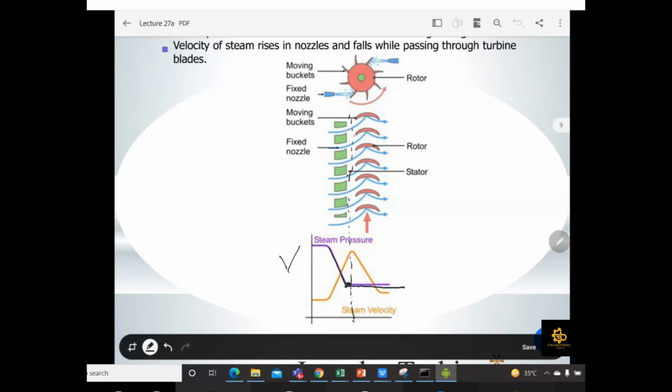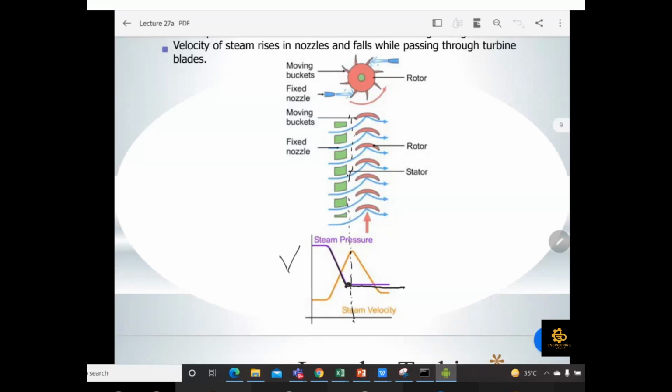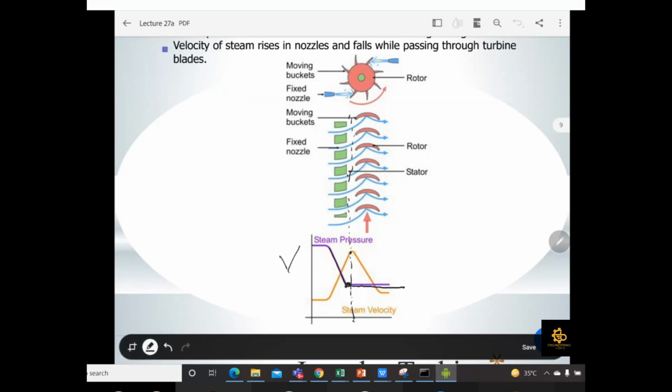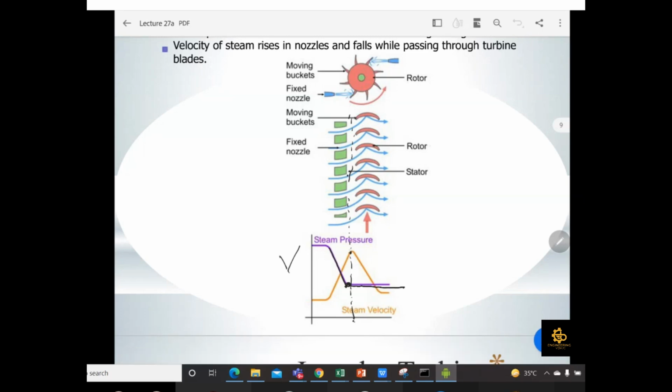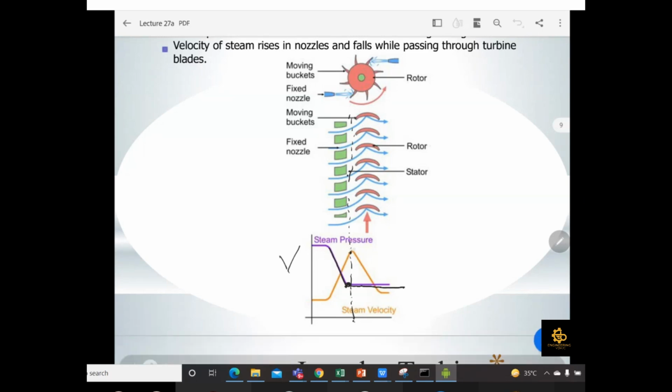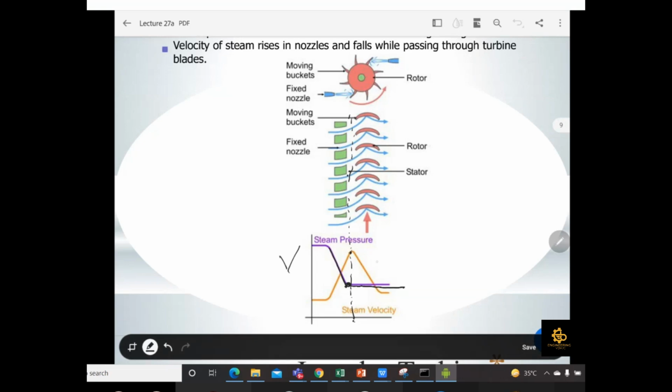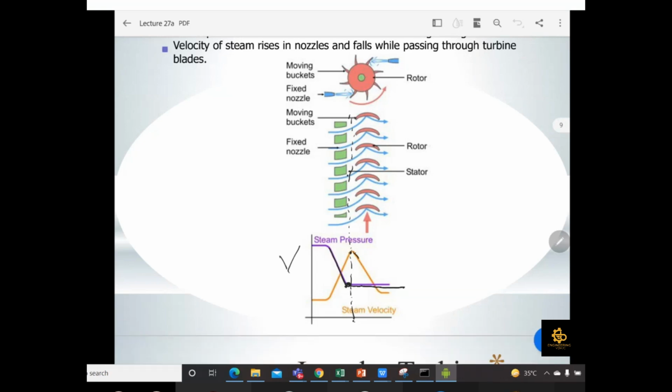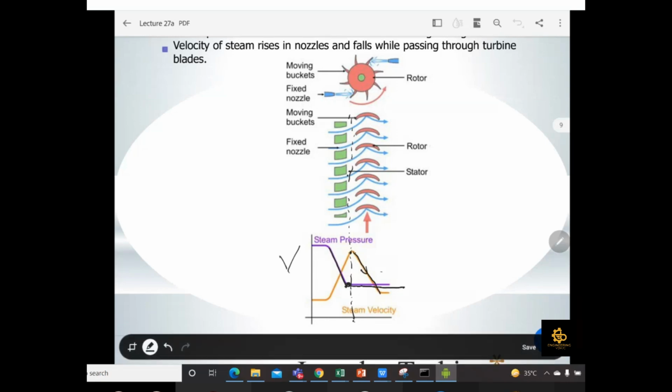Then if we look at the steam velocity, at the end of your nozzle, or the end of the stator, we have the maximum velocity, and then as it moves towards the rotor section or moving blade, it decreases gradually, and your graph becomes like this.